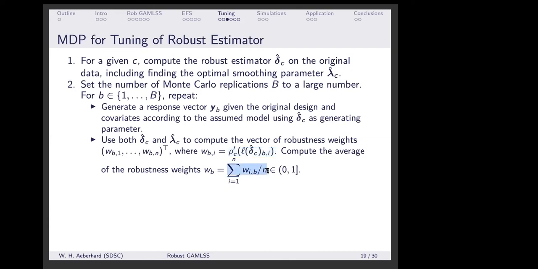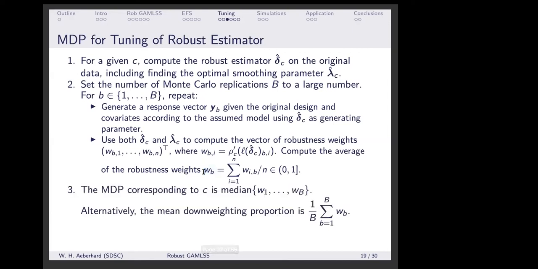So you can think of it this way. If all the weights were equal to 1, then this WB here will be equal to 1 itself, right? Because you would just be summing n ones and then dividing by n. So this WB essentially gives you a metric of how much downweighting happened for that particular Monte Carlo sample. But then you want to average things out a little bit over multiple samples.